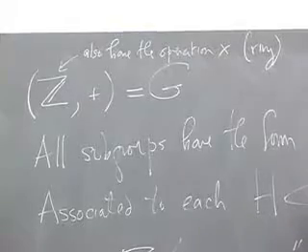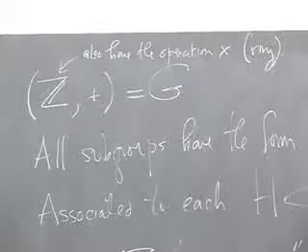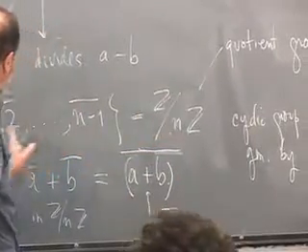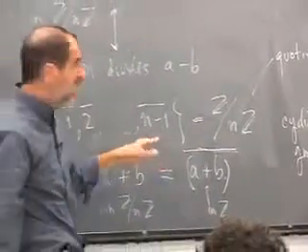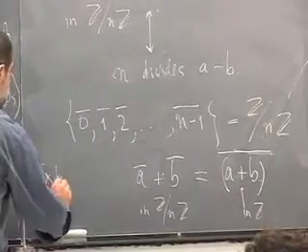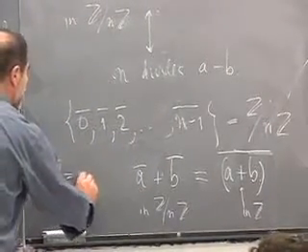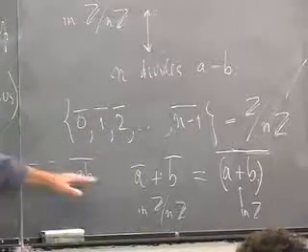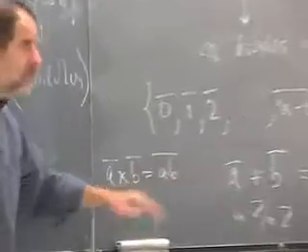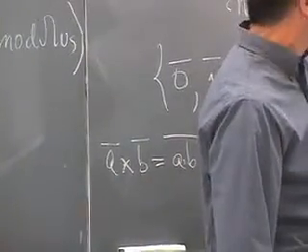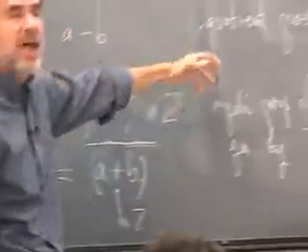And in fact, this quotient group also has the structure of a ring. You can multiply remainders, and it's still compatible. Namely, you can define A bar times B bar by taking A times B in the integers and then taking its remainder. And that's a well-defined multiplication. So this is not just a finite cyclic group of order n, but it also allows you to multiply elements in it.